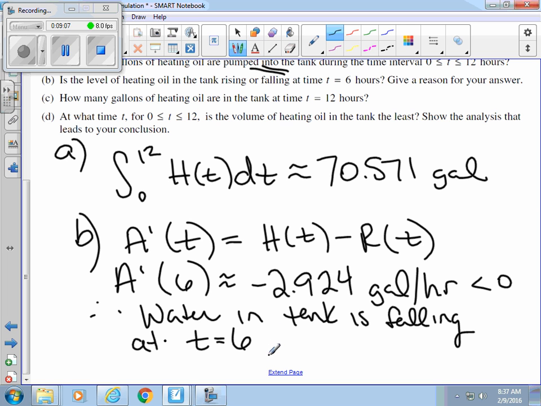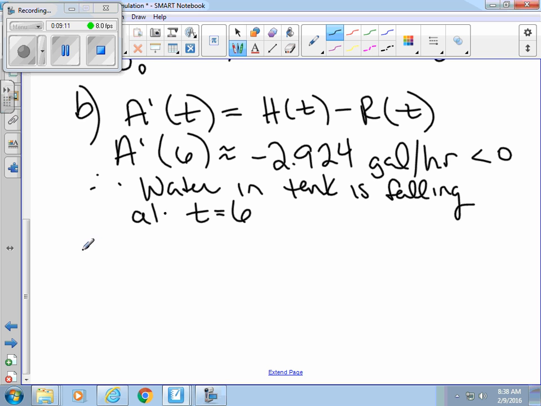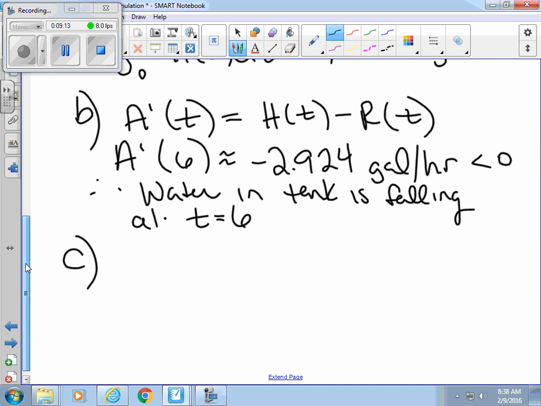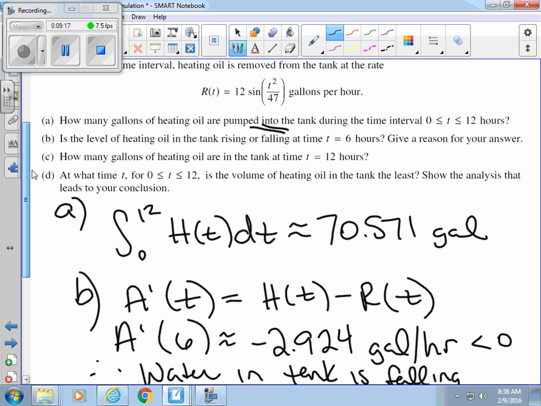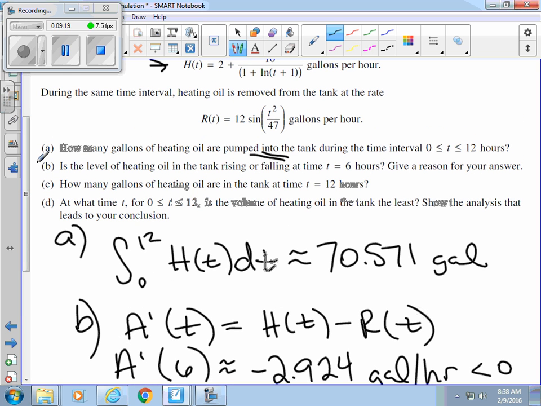Number 5, I was doing it last night, and it has kind of the same thing on B. It asks if the mosquitoes are increasing at an increasing rate or increasing at a decreasing rate. So that will be two questions, first and second derivative questions.